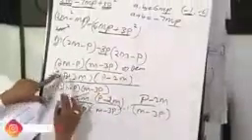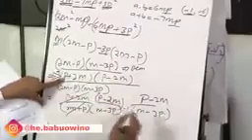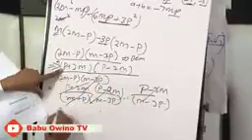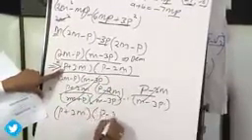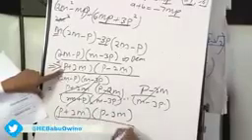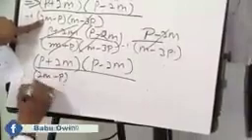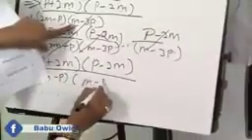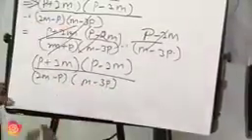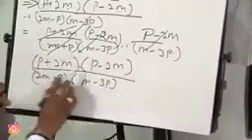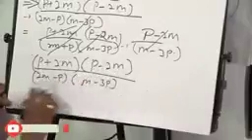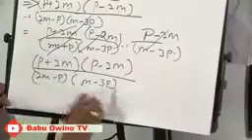We start from here, forget about this: p plus 2m into p minus 2m divided by 2m minus p into m minus 3p.